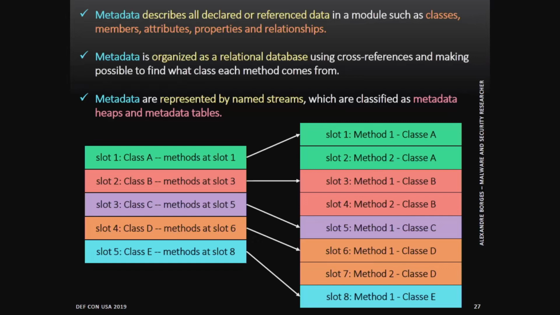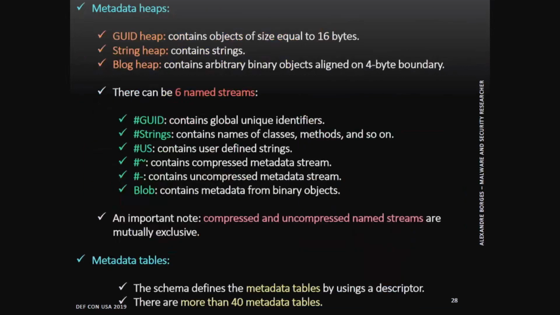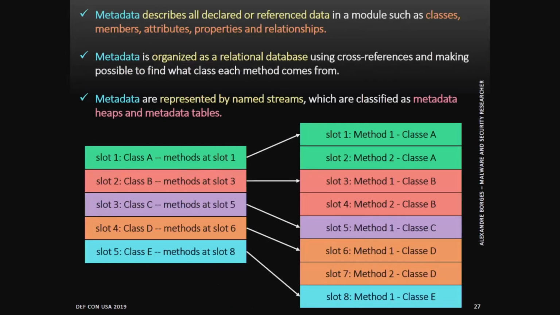Each slot is dedicated to a class, and each slot tells me which methods belong to this class. These metadata are organized in named streams and classified in metadata heaps and metadata tables.